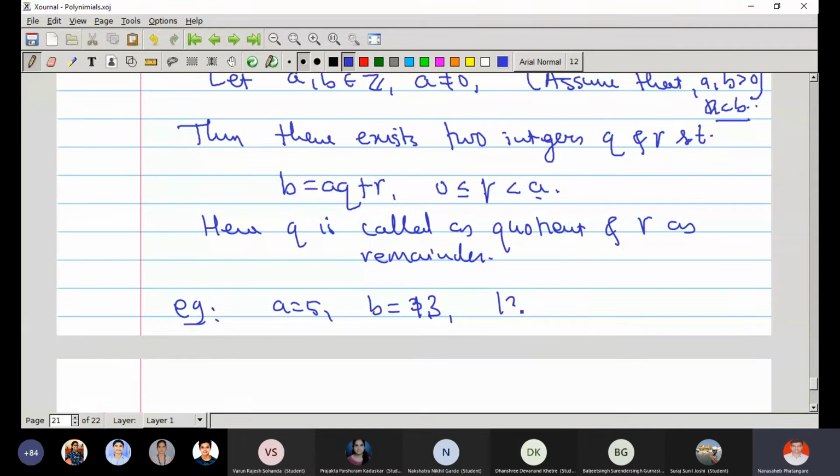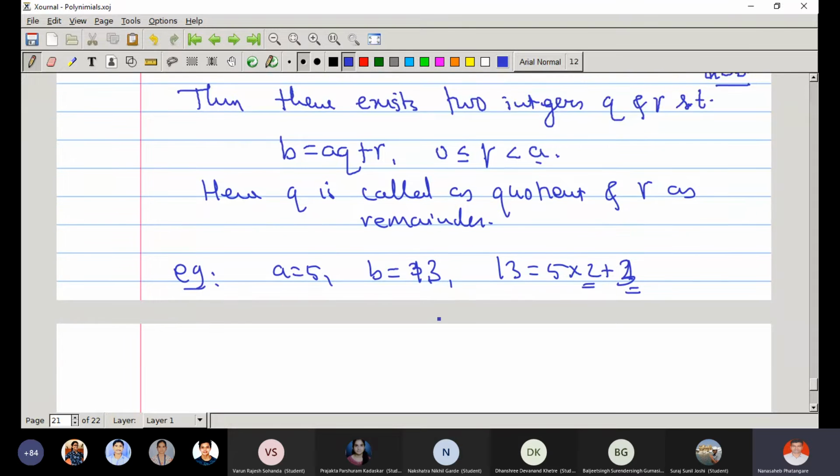But the same thing is applicable for negative numbers. So if b is equal to minus 13 and a is equal to 5, the remainder is always positive. Remember that.